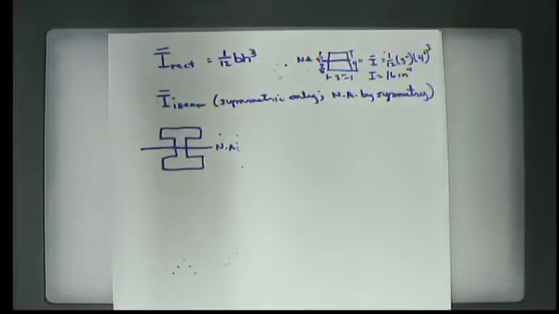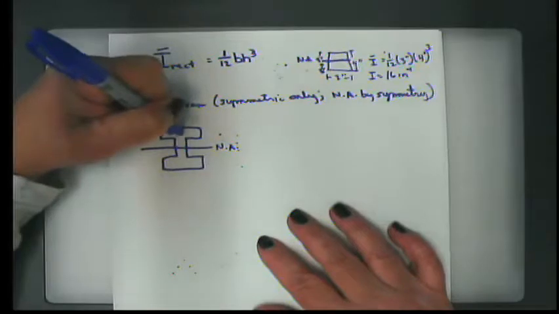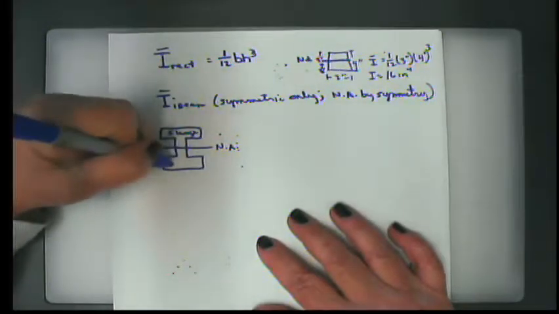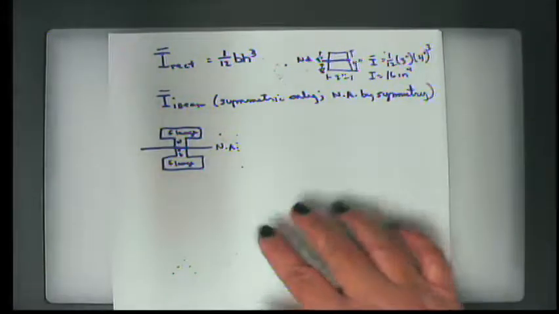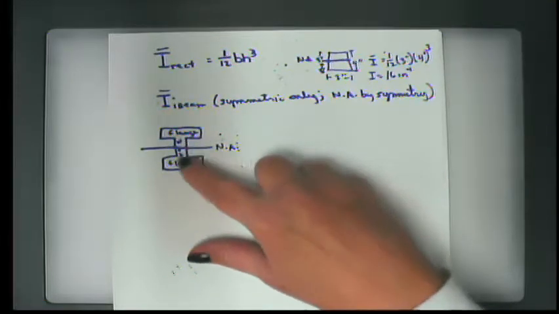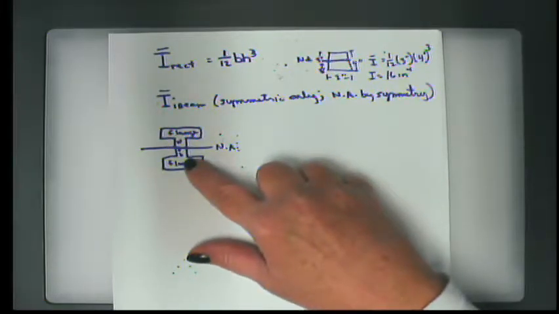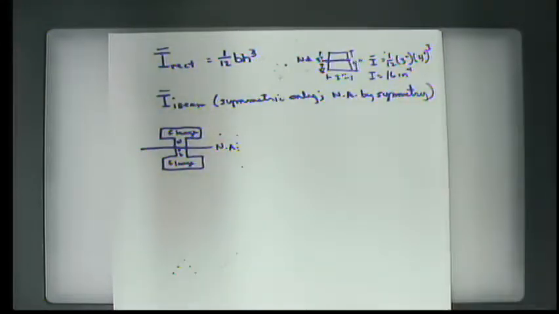So basically, to calculate, we need some dimensions, and I want to make this so that it looks the same every time. So we have a flange and a web. Okay. So the other thing about a symmetric I-beam like that is if you look at the web as being a rectangle, the neutral axis of the web is exactly the same as the neutral axis of the entire I-beam.